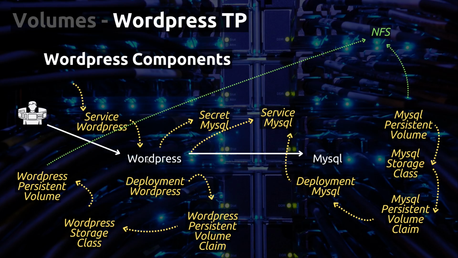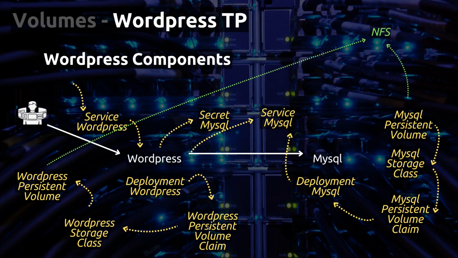We already said our WordPress needs to persist, so we will have a persistent volume and a storage class. You can use our previous local path provisioner or NFS if you want to persist your volume, meaning you can use the storage class provided by these tools, and after that you can plug a persistent volume claim on it.